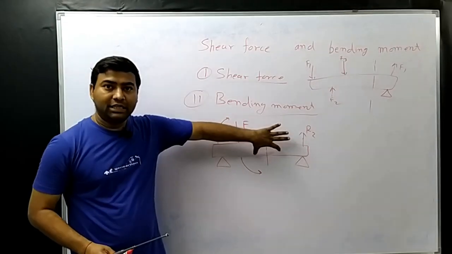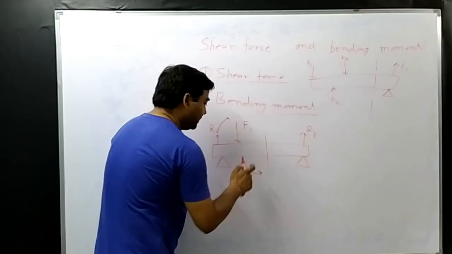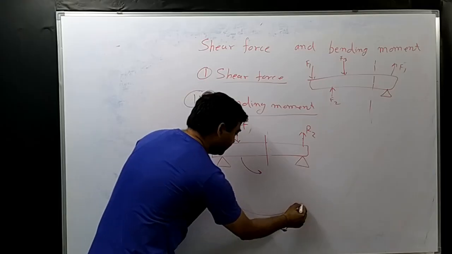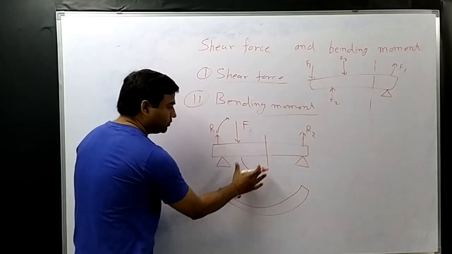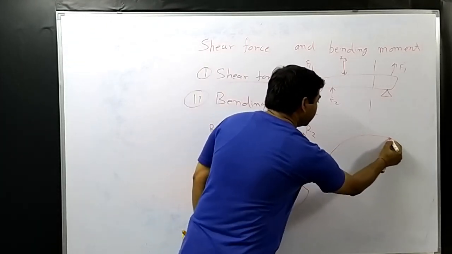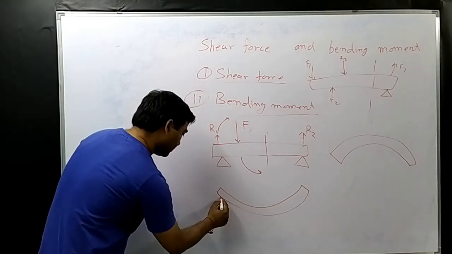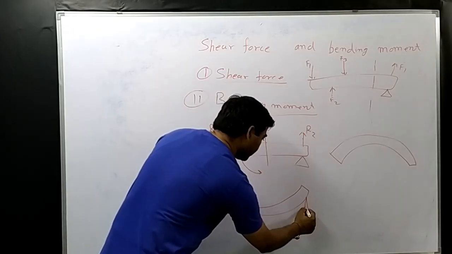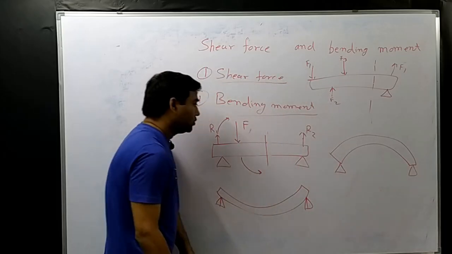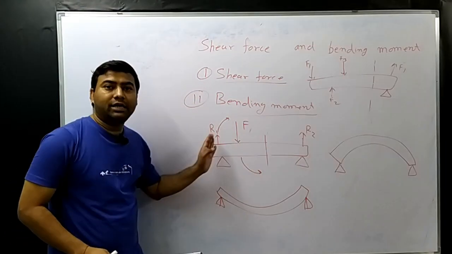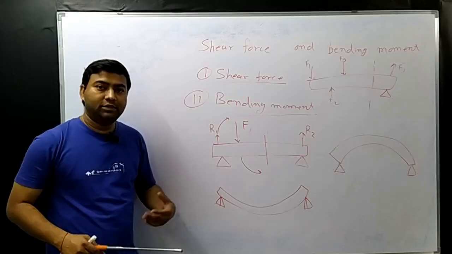So if the body is weak, the material will just bend. Either this beam will take this shape, or because of these forces this beam may take this shape also. So because of this bending moment on either side of the beam, the body will take this shape or this shape if it is weak.